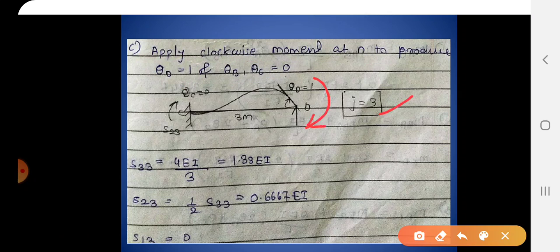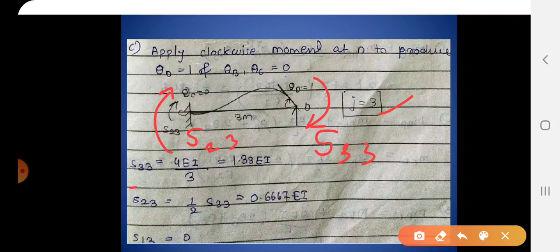And J is equal to 3. This is the point of the third displacement, therefore this moment will be called S33, and this moment will be carried over, half, to the C support, therefore S23.